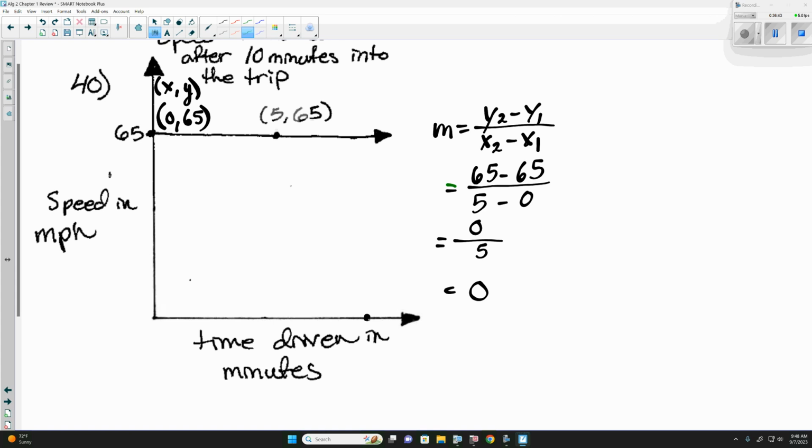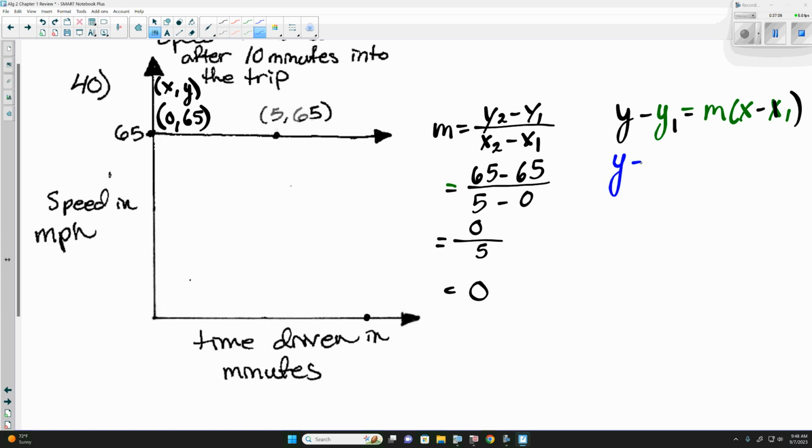There's not a slope. Now, we can still use this formula: y minus y1 equals m times x minus x1. 0 divided by 5, because anything divided by 0, when 0 is on top, it's just 0. If it's the other way, it's undefined.